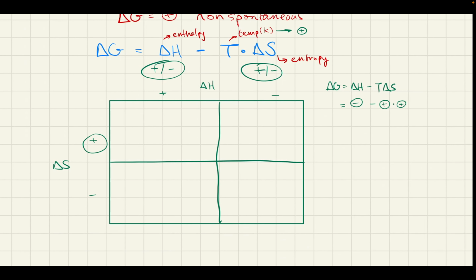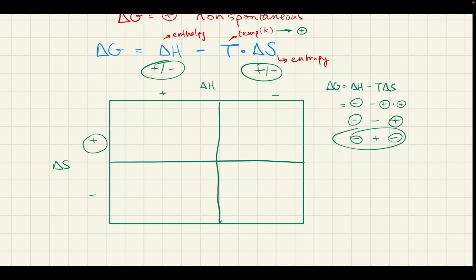So let's talk about this equation for a second. We have a negative value minus what's a positive times a positive? Well, that's still a positive value. I'm just simplifying it. And then we have a negative value minus a positive value. It's the same thing as adding a negative value. I think this makes it really clear.